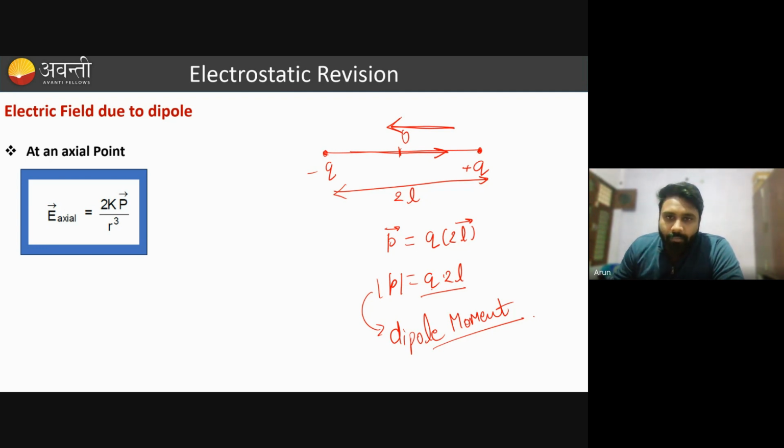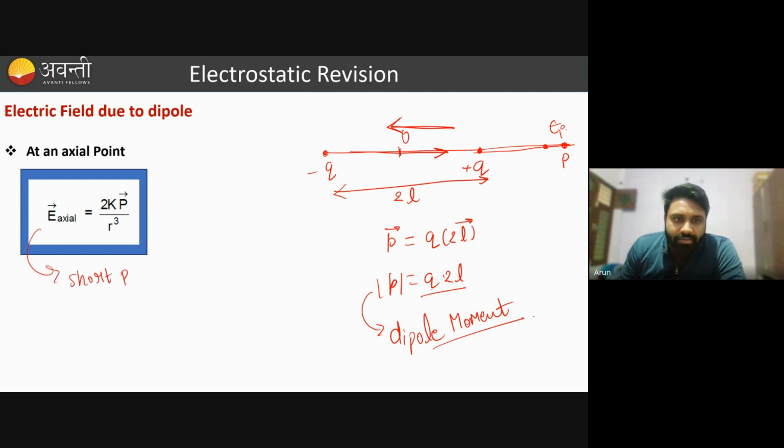Now, in the axial position, if the point lies along the axis of the dipole, this is termed the axial position of the dipole. You need to calculate the electric field at point P. It will be 2kP vector divided by r cube, and it is for a short dipole.